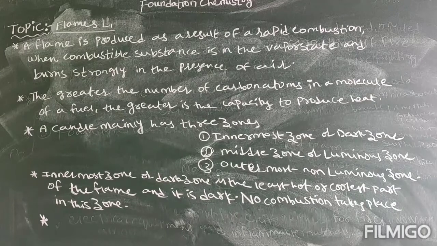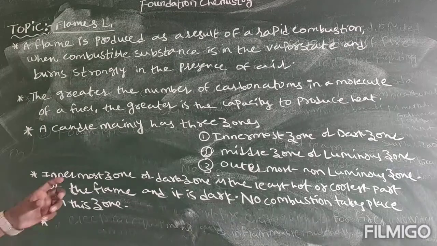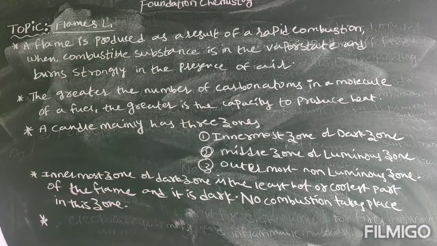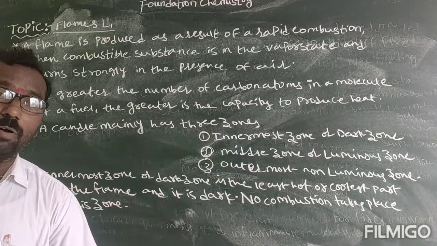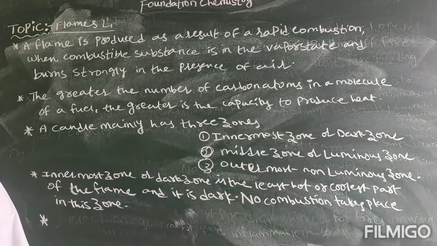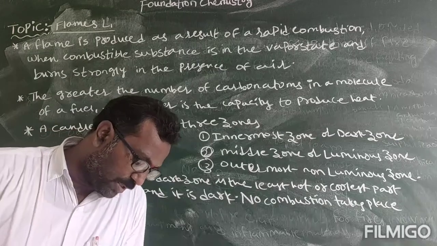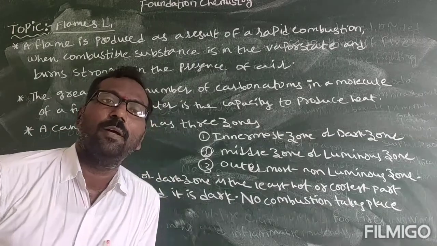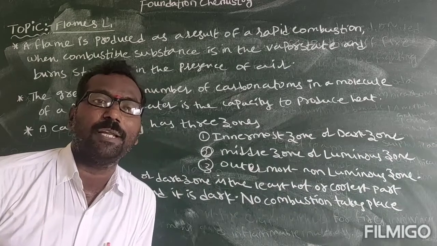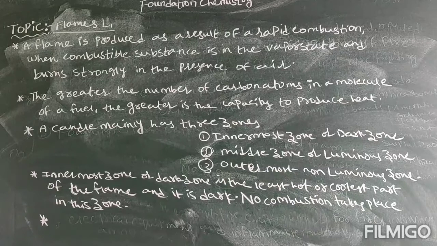Next we have the middle zone. Middle zone is the largest zone of the candle, and it is moderately hot. It glows with a yellow light, and it is bright and luminous. The luminous zone of the flame is mainly due to incomplete burning of carbon.